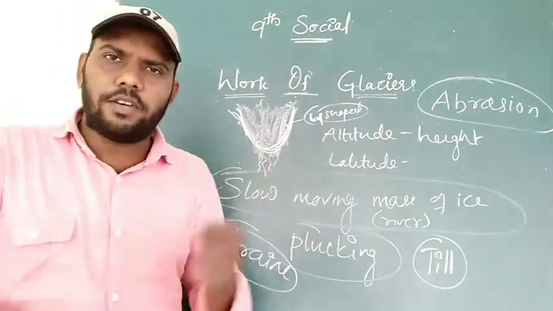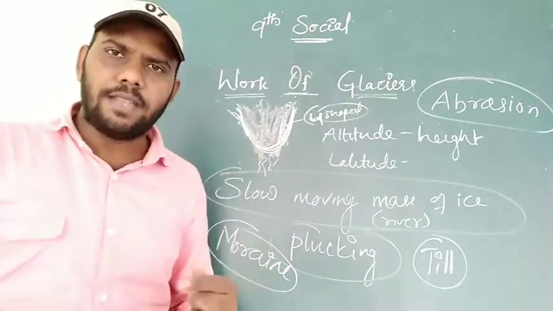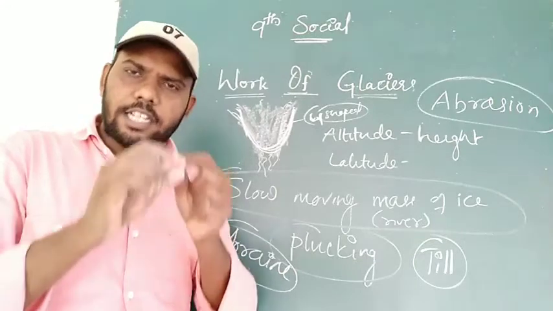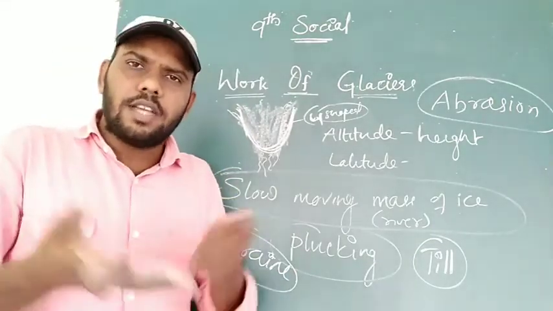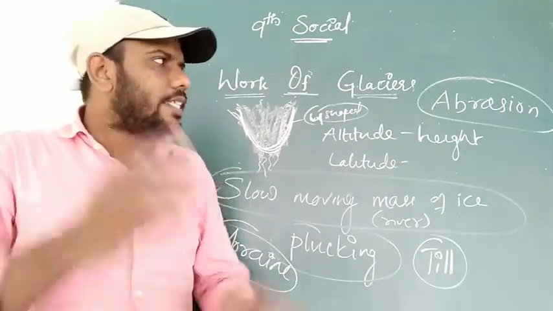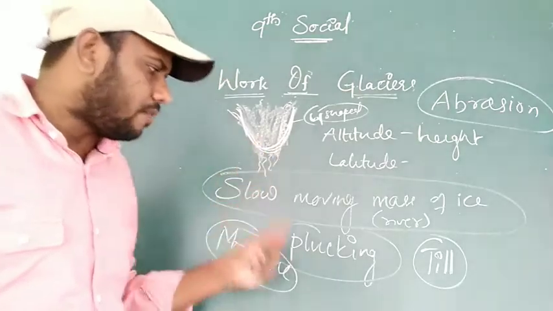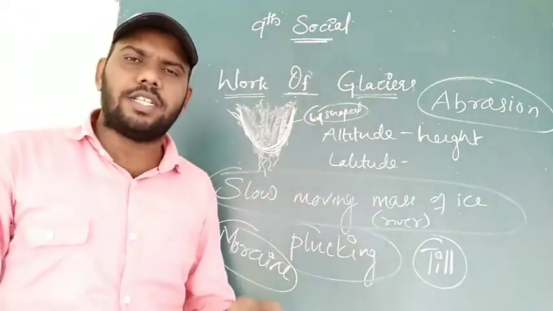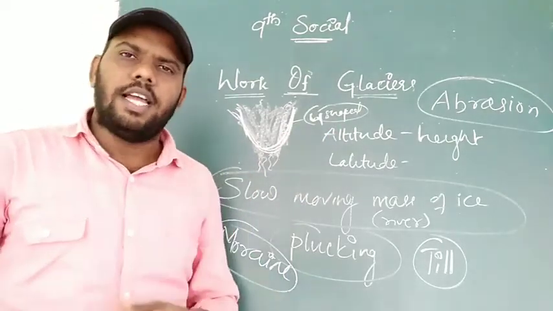And it transports or erodes all the material. When it erodes, we call it plucking, and these ice and small rocks rub the surface over the bigger rocks and take away the bedrock. That process we call abrasion. So with the help of plucking and abrasion, it brings all the materials down.